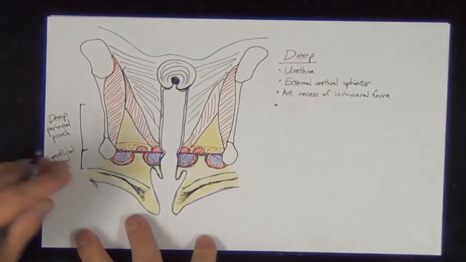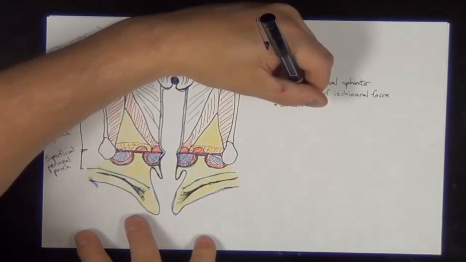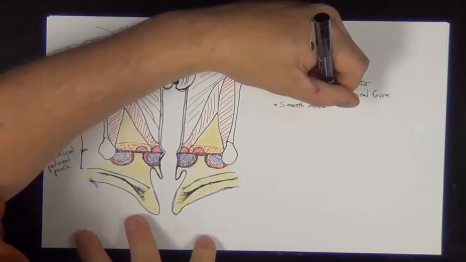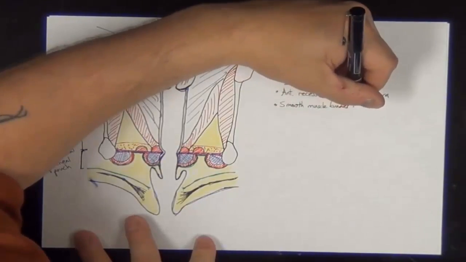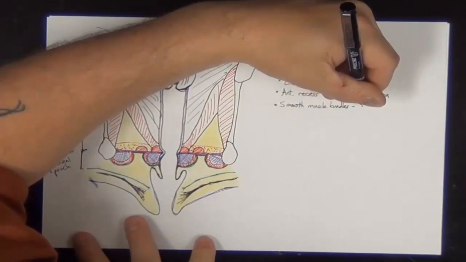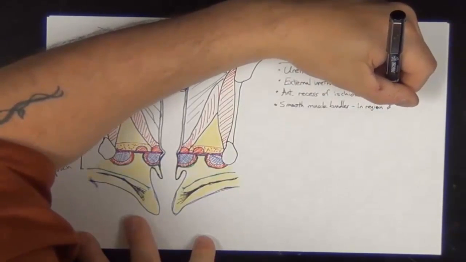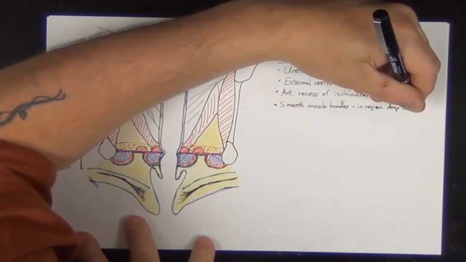It'd be at the posterior aspect of the perineal membrane. So we'll just say that there are smooth muscle bundles near the perineal body in the region of what we'd expect to see, the deep transverse perineal muscle.